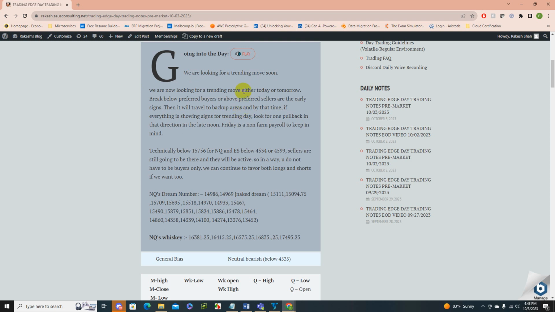So on that day, especially, we look for a particular level where a trending move can begin, and then we look for a particular setup. So hold on guys, sorry, I paused it for a second. Whenever I type these things, we look for a setup for a trending move from a particular level, and if that setup occurs right around that level, then we take the trade.